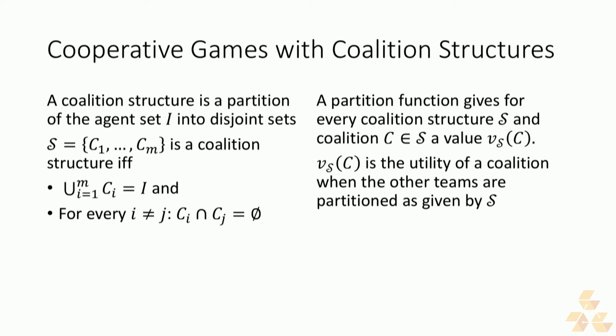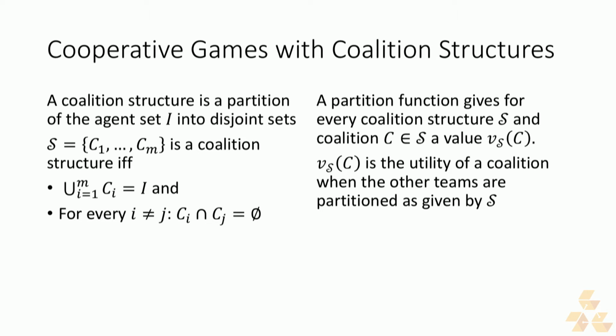So until now, I kind of assumed that we want the grand coalition to be formed. But in some real-life situations, for example, in the Bitcoin mining that I will be talking about shortly, we don't care about the grand coalition. We want several teams to be formed. So we can extend this model to be a cooperative game with coalition structure.